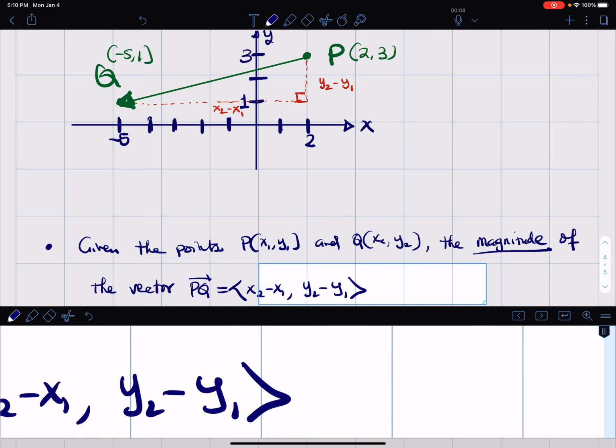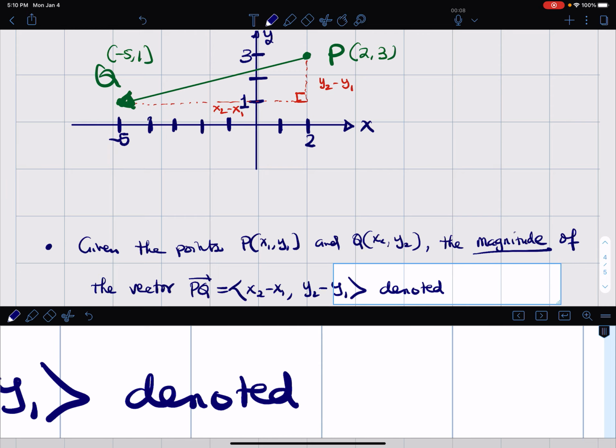The magnitude of PQ is denoted like that.